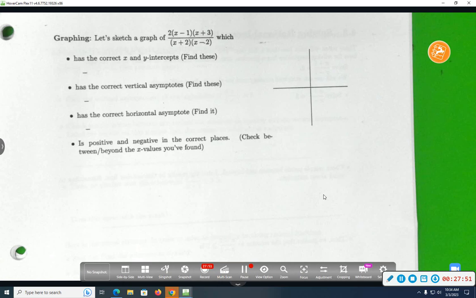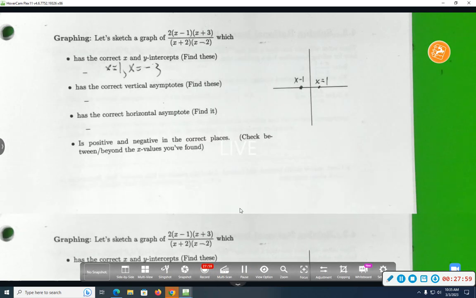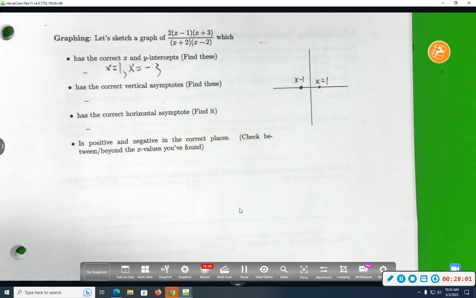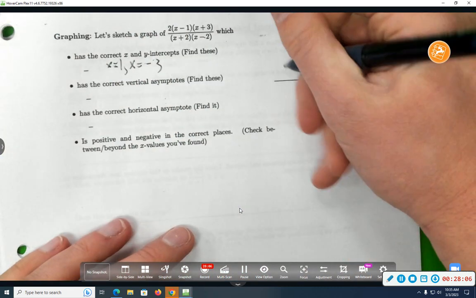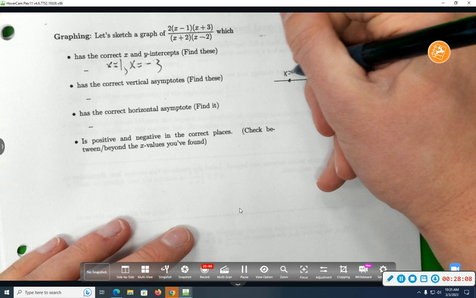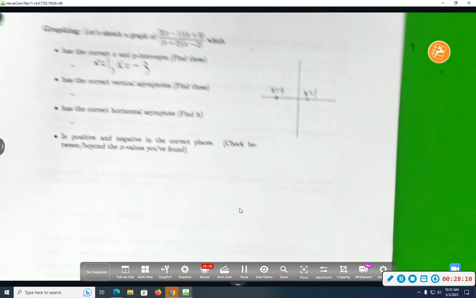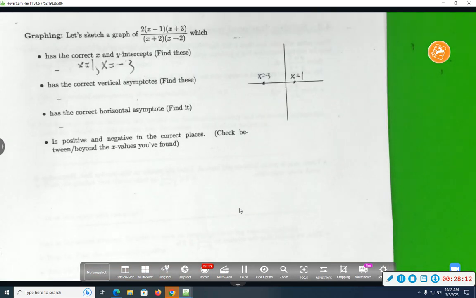So there's one at x equals 1. Thank you for pointing that out. There should be one at x equals 1, one at x equals negative 3.